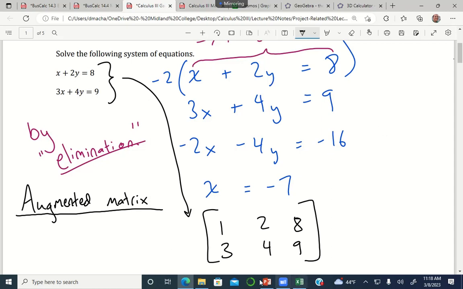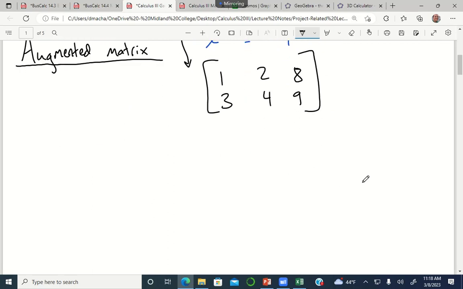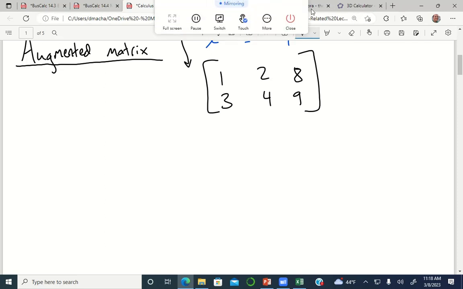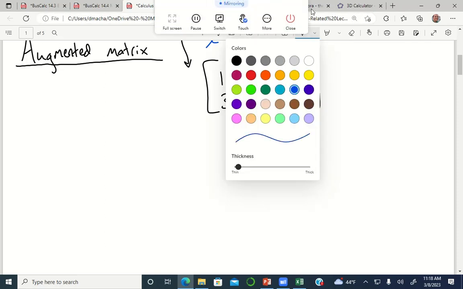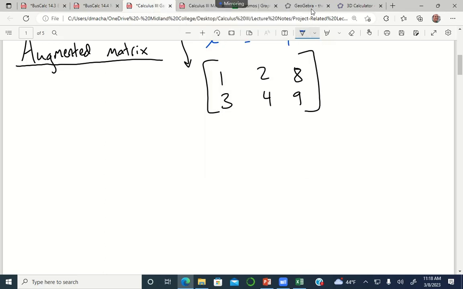And if you remember what these numbers represent, you can do the same kinds of operations to the rows of this matrix that you would normally do to one of the equations in your system of equations. Like what we can do is we can still say, let me take the first row and multiply it by -2.